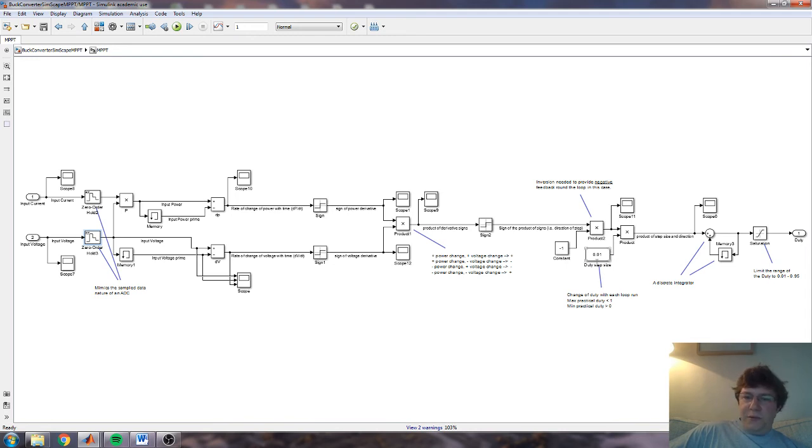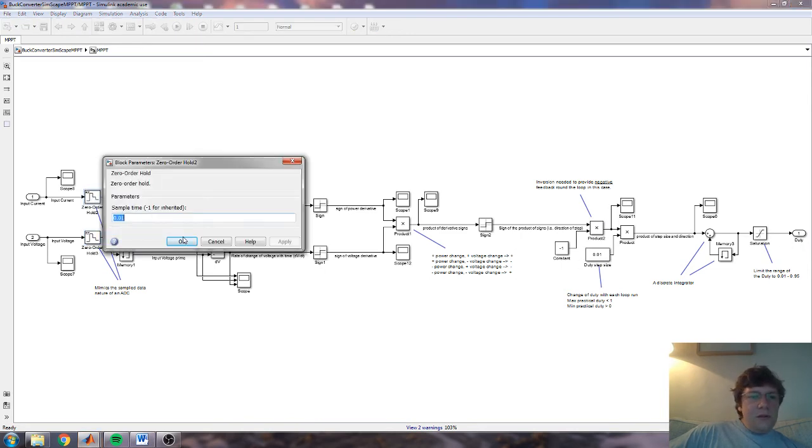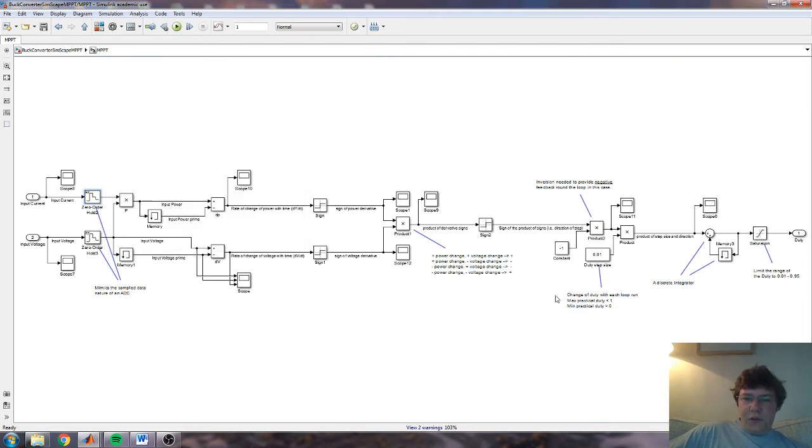So duty will vary from 0 to 1 in this case, and for every time that the zeroed holds pass through one sample set, which is, I can't remember, 10 milliseconds in this case. So I've got 10 switching cycles before these register a new set of values.